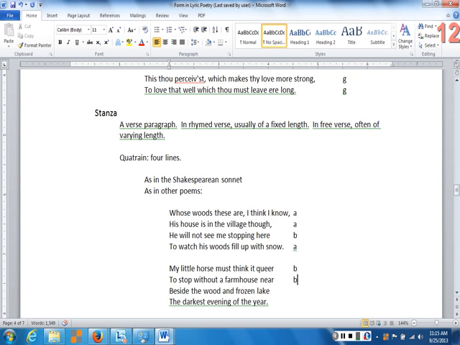The first two lines have the same rhyme. The third line has a different rhyme, and what is he doing here then? Okay, he's introducing the third rhyme sound, which is "lake," right? And then he goes back again, adhering to that pattern, going back to the sound of the first two lines. So he is linking, right?